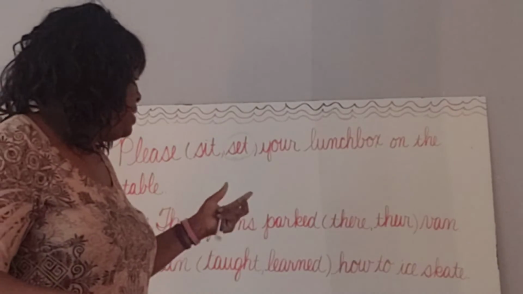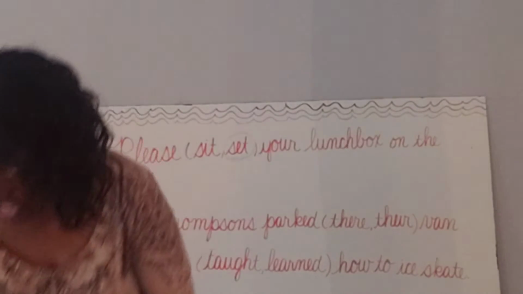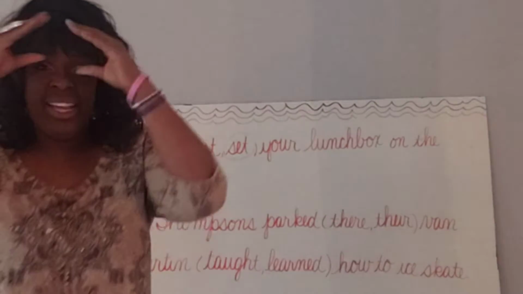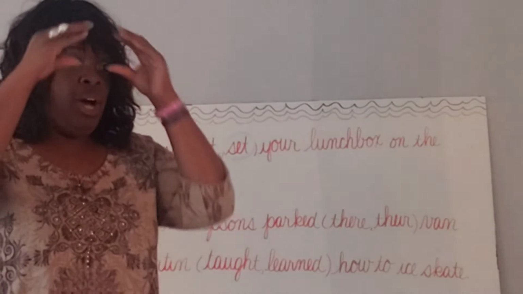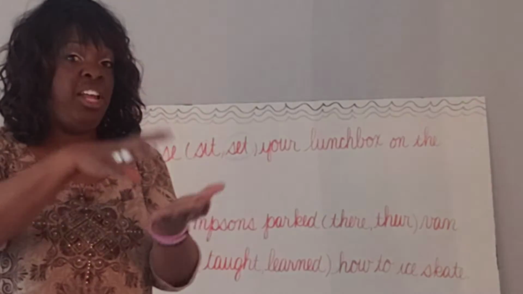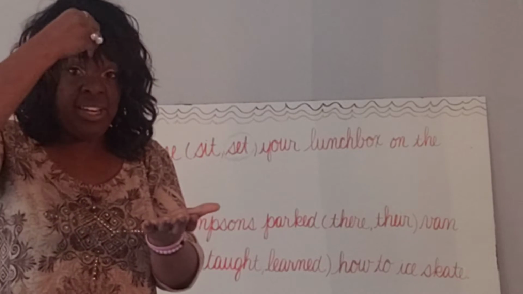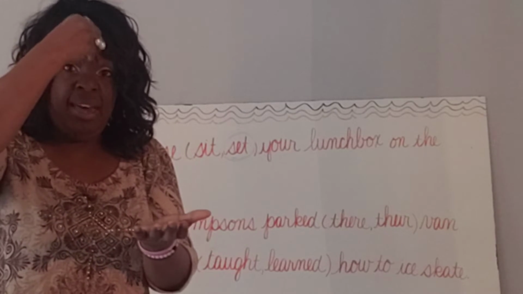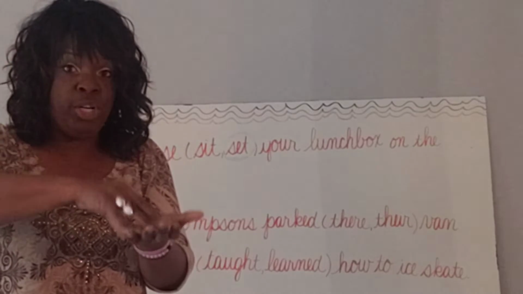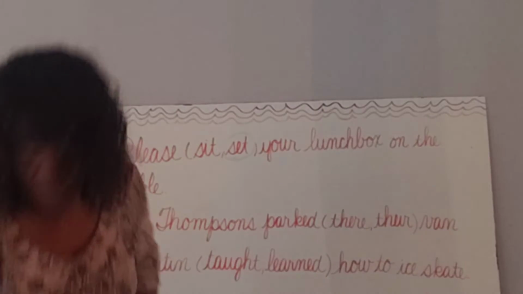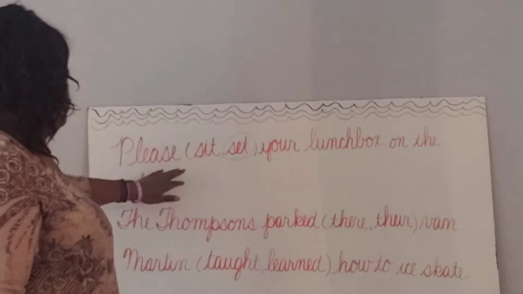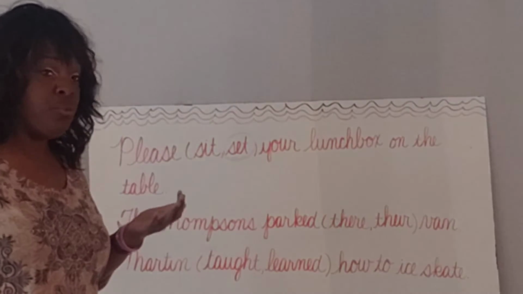And then we did teach and learn. Remember, teach is to give knowledge because I'm a teacher, right? So teach is to give knowledge and learn is to get knowledge. We said study. If we can remember study, that will help us remember that learn means to get knowledge. So thinking those through, let's go and do our sentences and figure out the correct word.